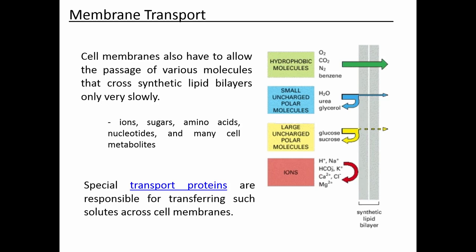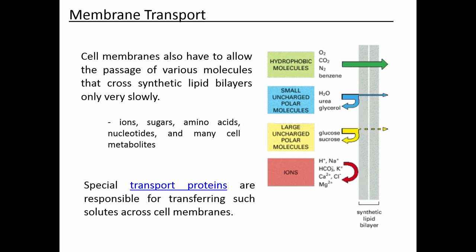And so you're going to have a protein that's embedded in the membrane in order to transport those types of molecules across the membrane. And we can just call those transport proteins. So these are proteins that are embedded in the membrane that transport a substance from one side of the membrane to the other.